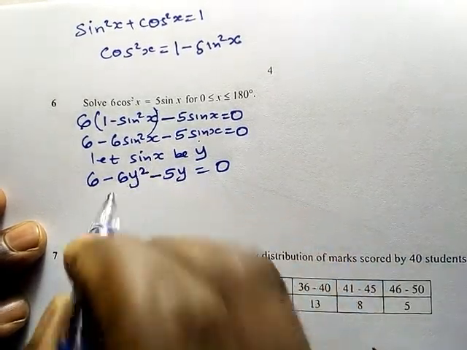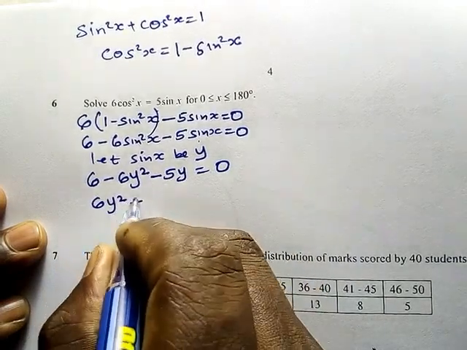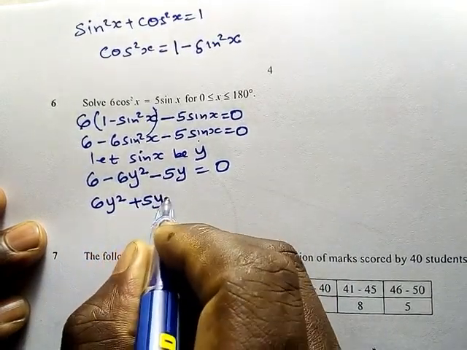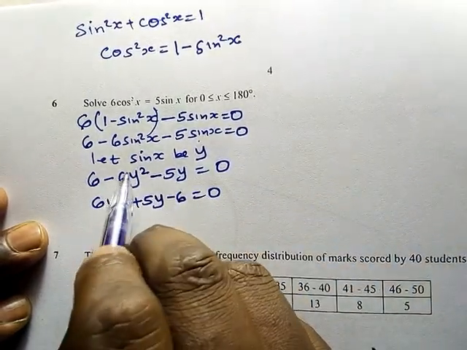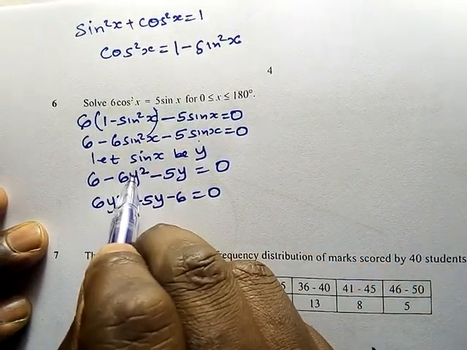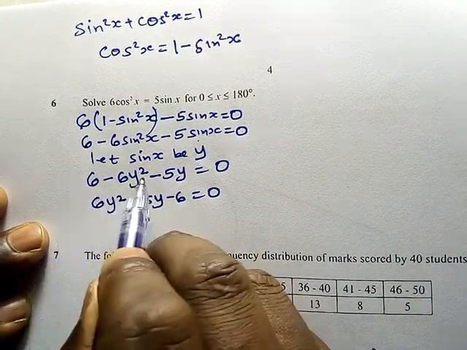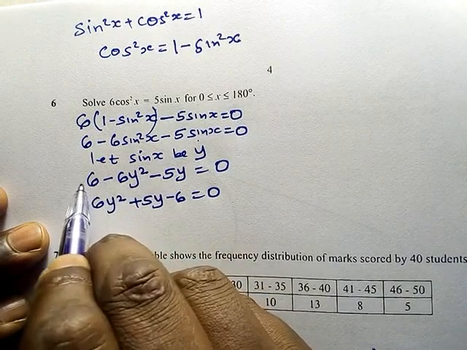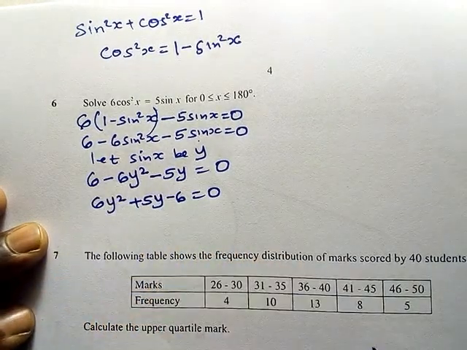We can make it now like this: 6y square plus 5y minus 6 is equal to 0. Ni nini nimefanya? Nimeweka hii ikakuwa positive, yani in short divide by negative. So hii imekuwa negative, imekuwa positive, ndio rearrange hivi.